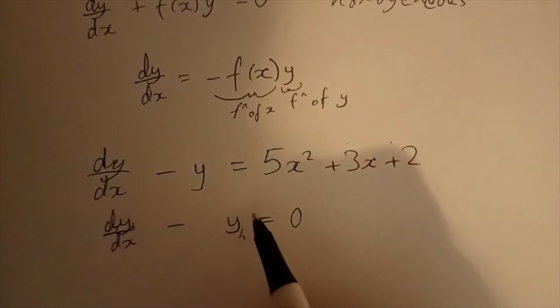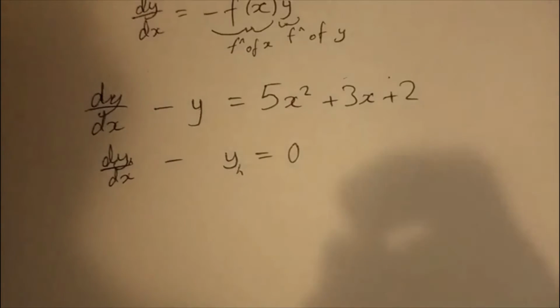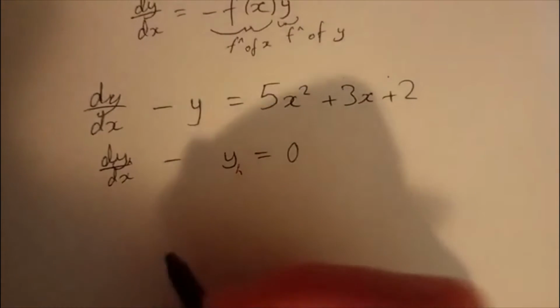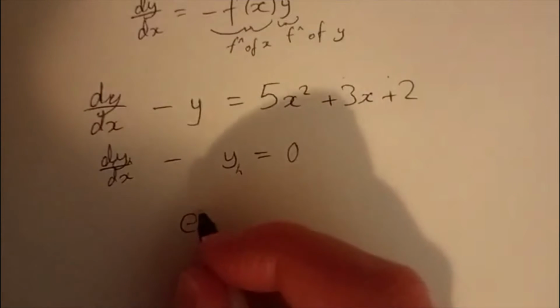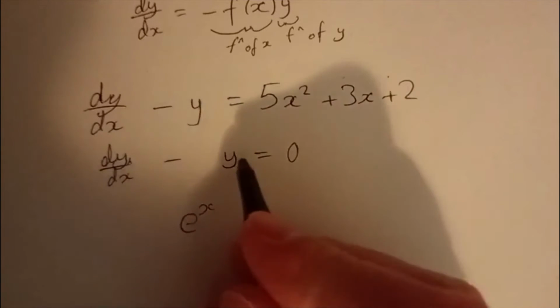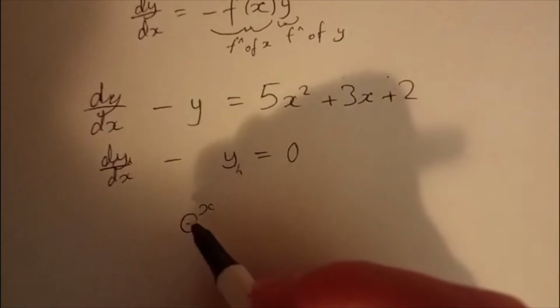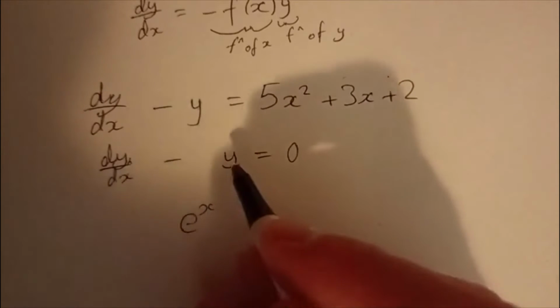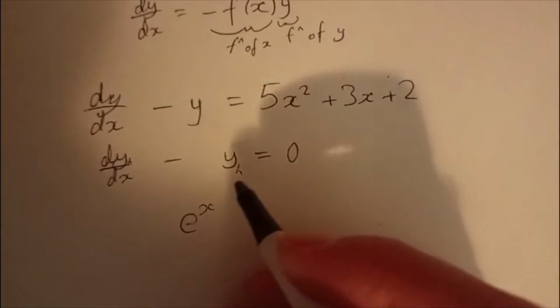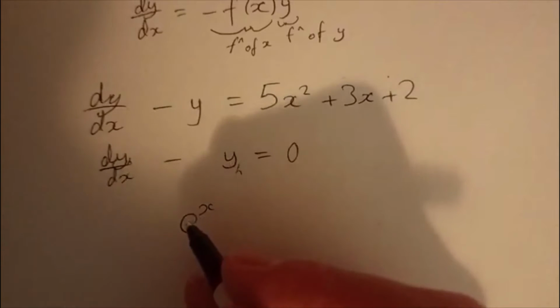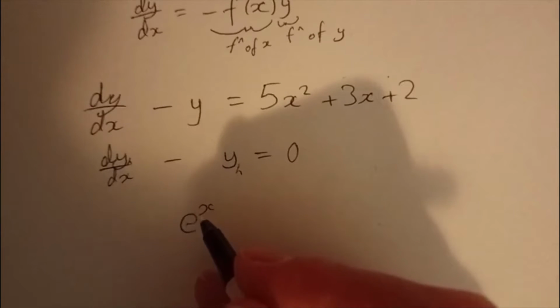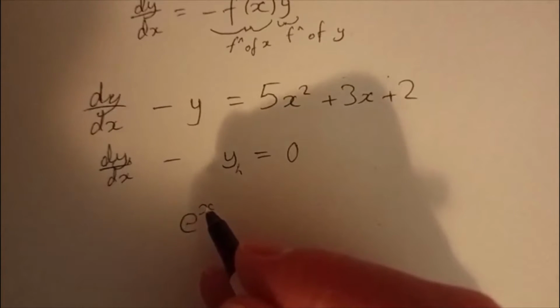So this is y_h. Now I've already seen in an earlier video that e to the x solves this equation here. In other words, e to the x has the property that its derivative minus itself equals 0. Because, as you probably already aware, the derivative of e to the x is indeed e to the x.